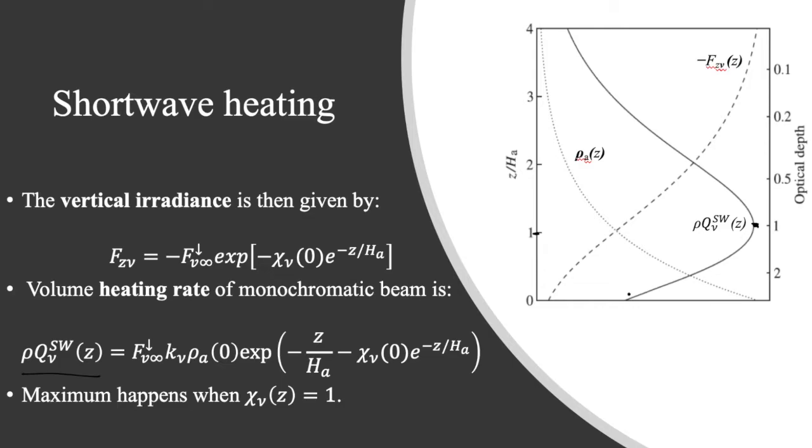But if you go down, now you have absorbed a lot of photons. Many photons have been absorbed here, and so there are fewer photons to deliver the heating. And so the heating decreases here because there are fewer photons. So there's a sweet spot here where you have the right density, and also you still have enough radiation left to deliver all the heat that you need.